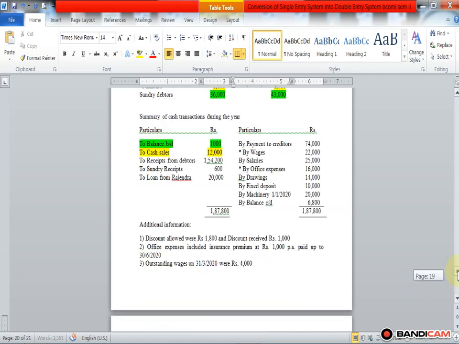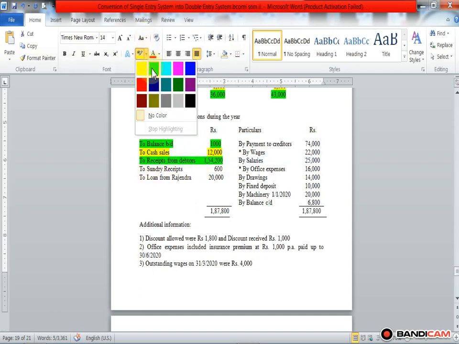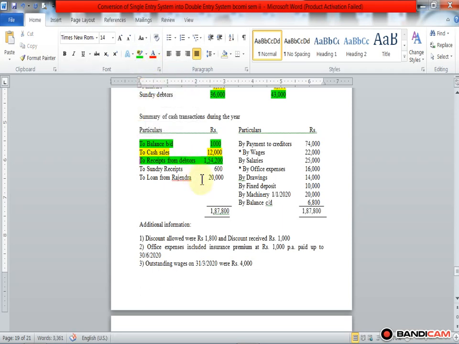Then receipt from debtors, it means cash received from debtors. Receipt from debtors means cash received from a debtor.